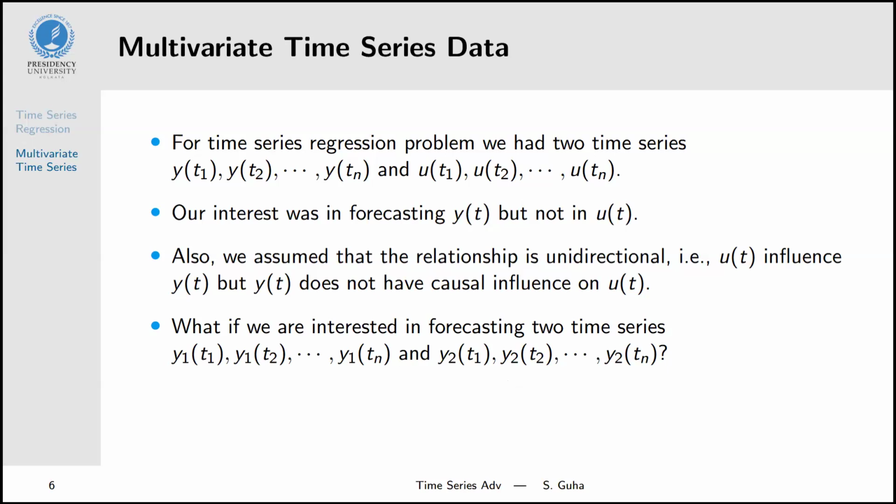Sir, while forecasting the expenditure, in that case, income would be the secondary interest. No, actually, in that case, it is a bidirectional relationship. So both the expenditure and income influence each other.